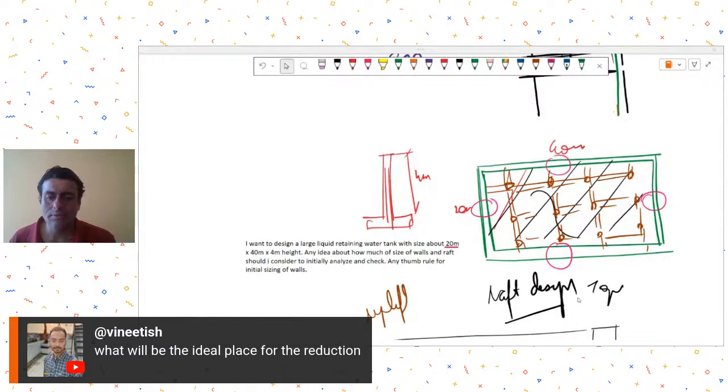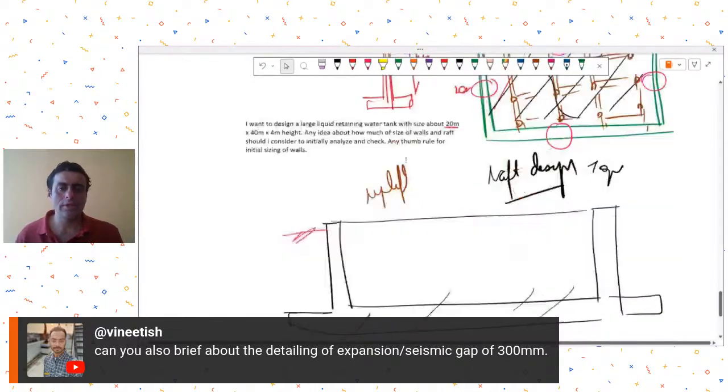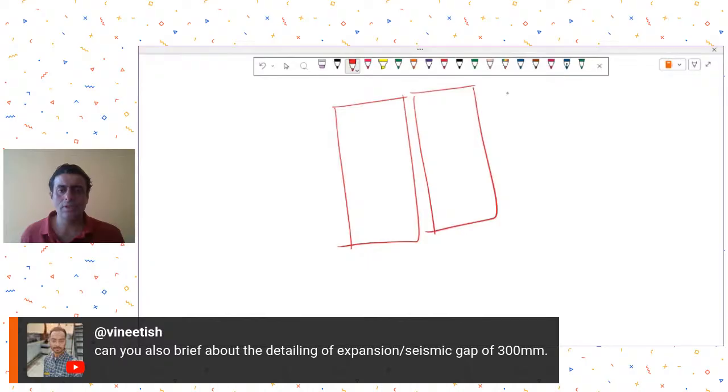Mr. Vineet had asked one more query related to the seismic gap. He had some buildings that he was doing. There was a large building, and he had broken it down into different clusters or portions.